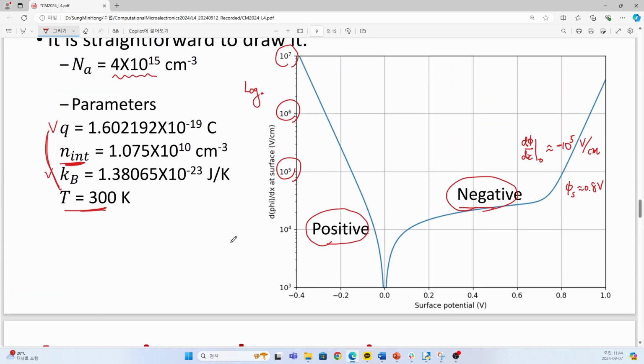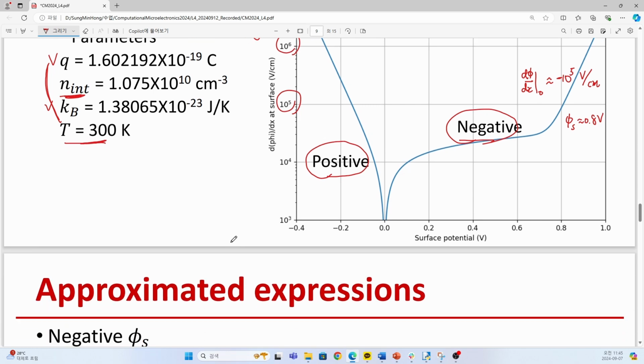Okay, so I want to stress that this equation or this relation is really general under the given structure of our MOS capacitor. Then this analytic expression is really rigorous.